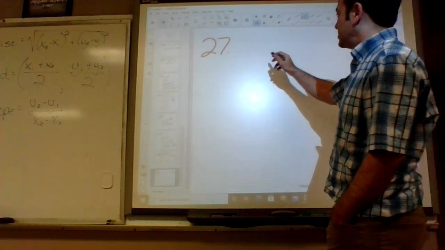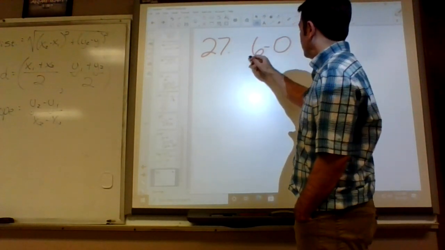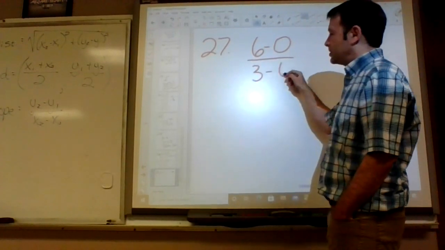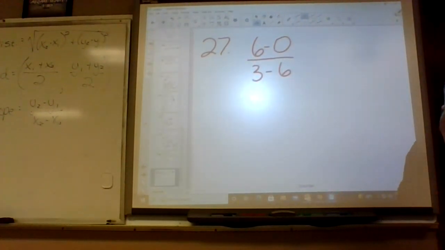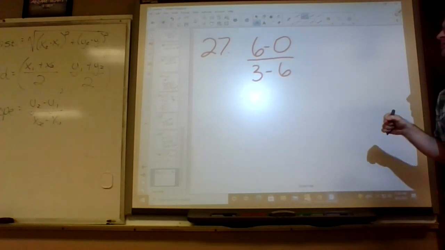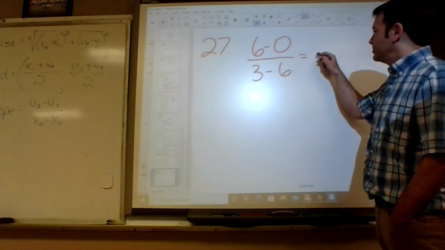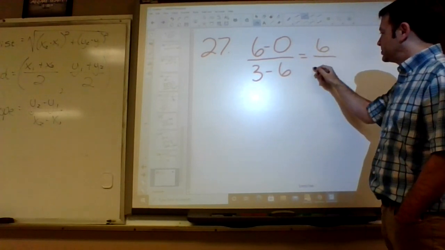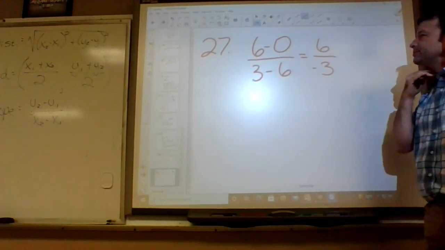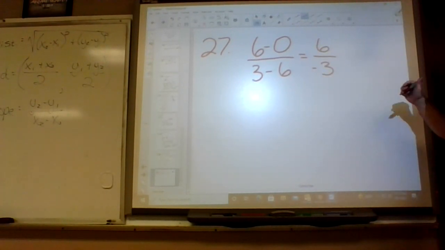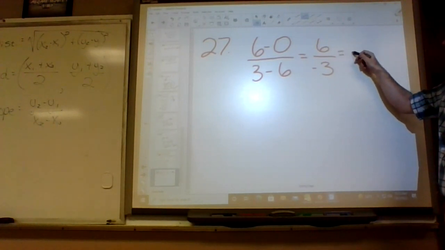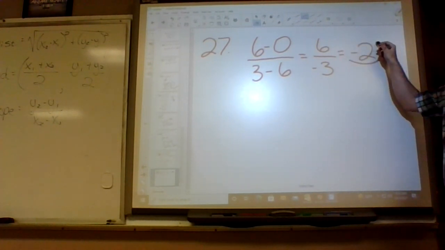So I'm going to do 6 minus 0 and 3 minus 6. The order doesn't matter as long as you do the y's and x's in the same order. 6 minus 0 is 6. 3 minus 6 is negative 3. What's 6 divided by negative 3? Negative 2. Negative 2 is the slope.